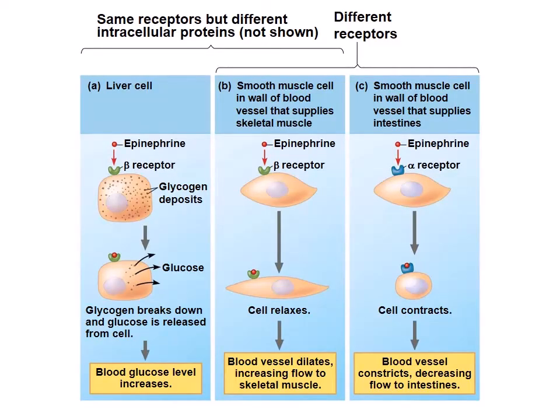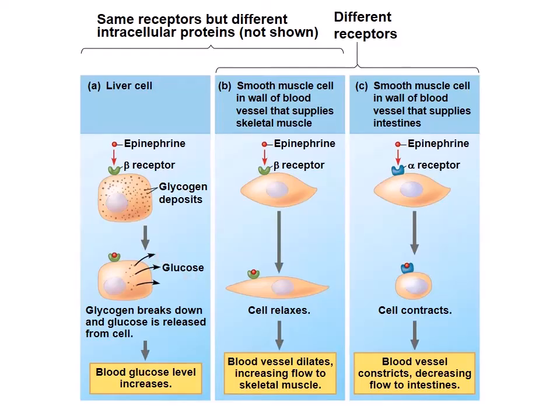So here's a couple examples of cells and receptors and cellular responses. If we look at cells that have the same receptors but different intracellular proteins, here we have liver cells and here we have smooth muscle cells. They both have beta receptors for epinephrine, and in the liver cell it causes the glycogen to be broken down to release glucose to increase blood glucose levels.